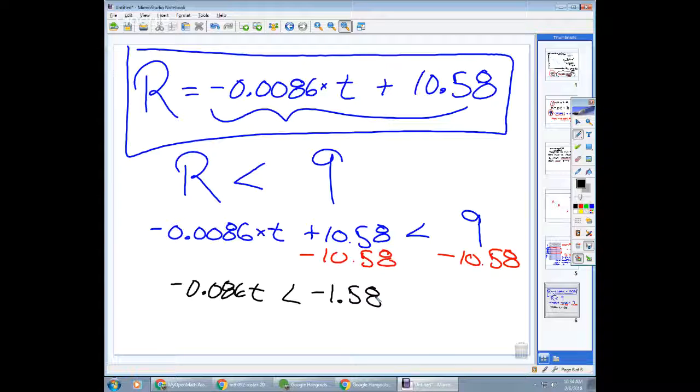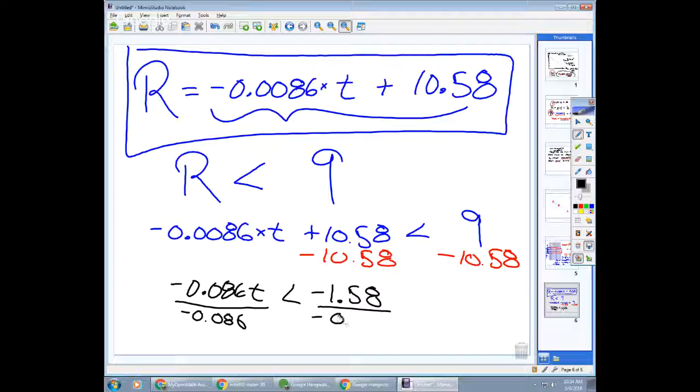Now here's a trick. What happens when you divide by a negative number in an inequality? You're supposed to flip the sign. Yeah, you got it. So that means t has to be greater than whatever that is.